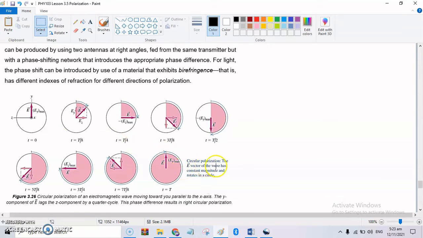So circular polarization is when the electric field vector of the wave has constant magnitude and rotates in a circle. It's like a polarized line, and it will be at its maximum when it completes one turn.